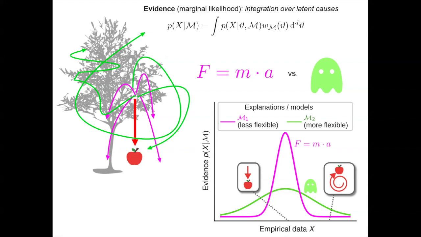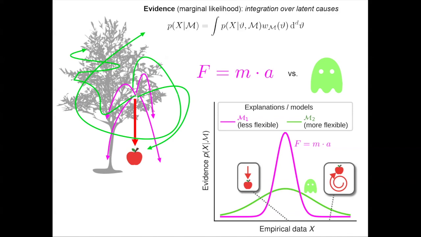And what we're saying is that if you consider the probability that each of your two models assigns to this particular observation, both models could have explained it, right? The difference is that the range of facts that classical mechanics can explain is narrower than the range of facts that the ghost can explain. The ghost is a more flexible explanation. It's good for many more things, right?